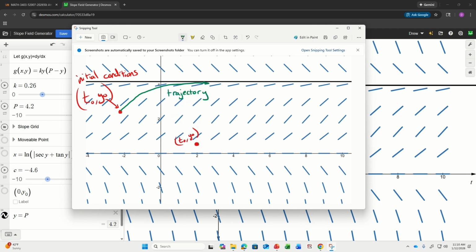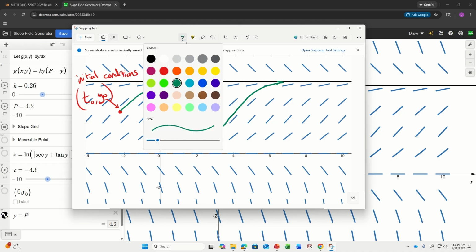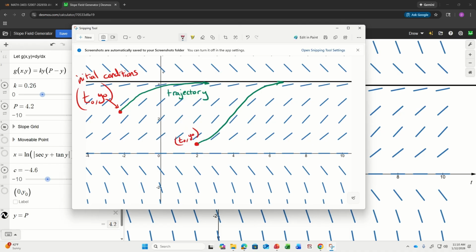I'm going to have a different solution, even though it's still the same differential equation. And again, if I were to pick this one right here as my initial time, initial number infected, initial conditions, then my trajectory would look way different, actually.